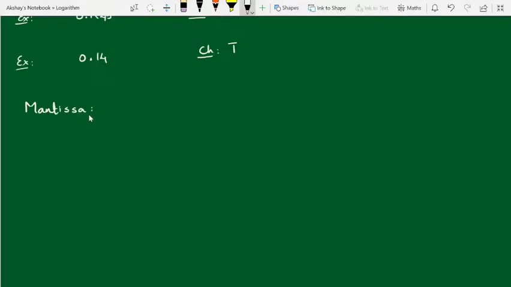If we want to read the Mantissa value, what is our first thing?